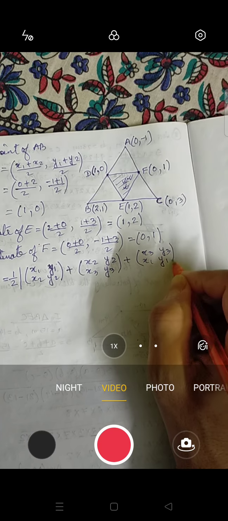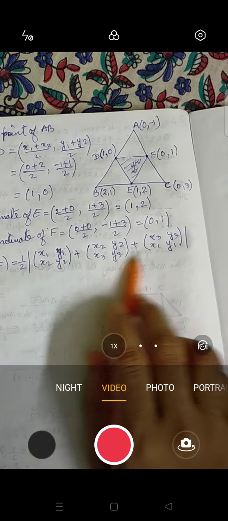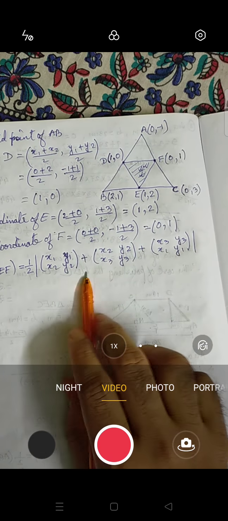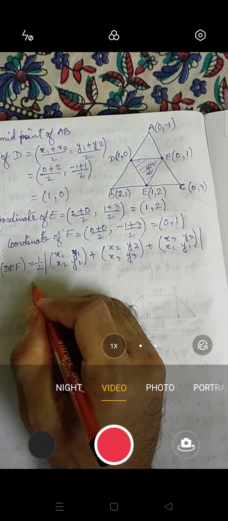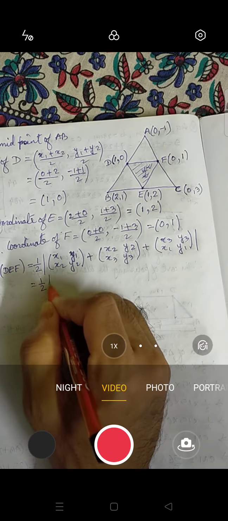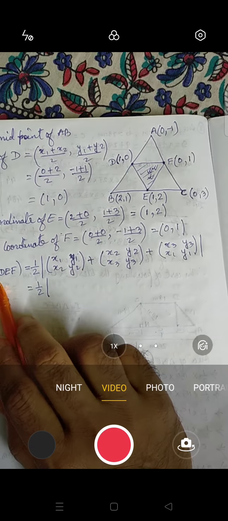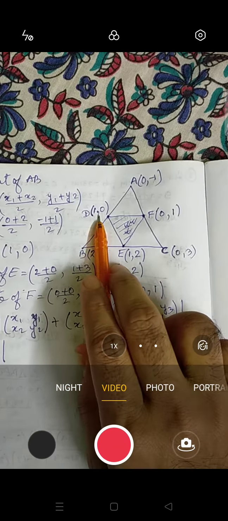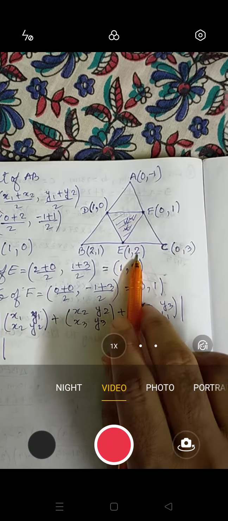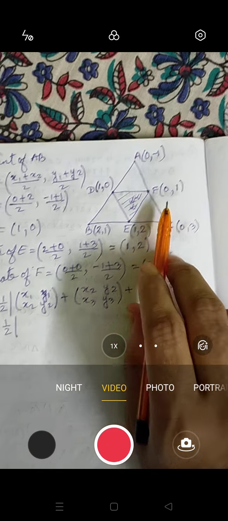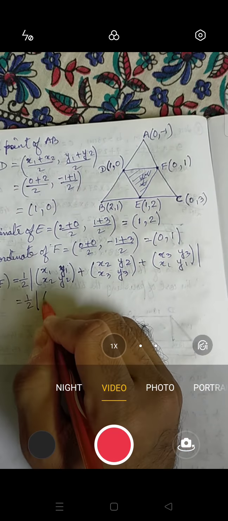So this formula I already taught you. If you don't want to write this formula, it's up to you. Directly you can write the coordinates. We are taking triangle DEF. This is the first, this is the second and this is the third coordinate.